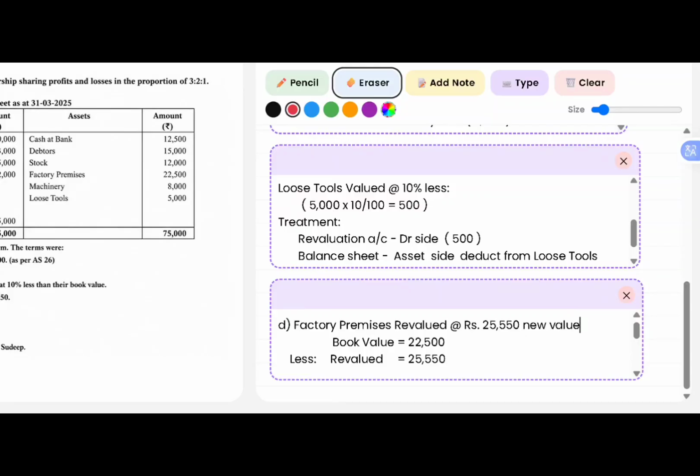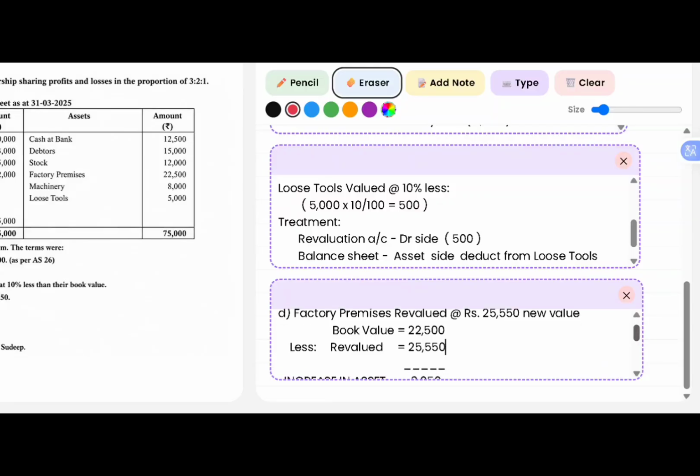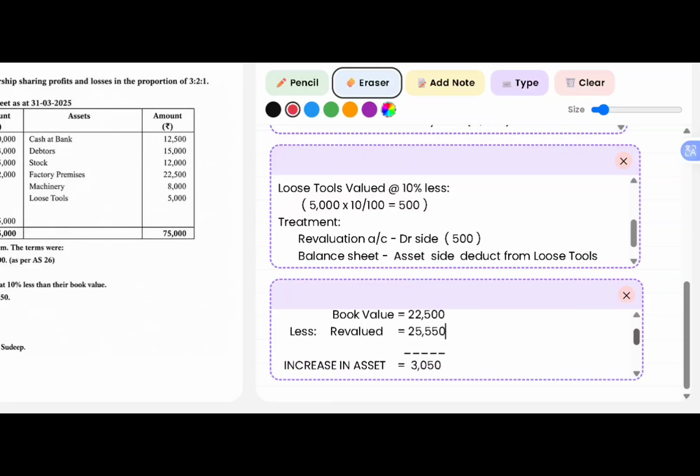So here we have to compare and find out the increase or decrease of factory premises. The revalued amount 25,550 minus the book value 22,500. The difference says that the value of the factory premises has increased. So there is an increase in the asset of rupees 3,050.